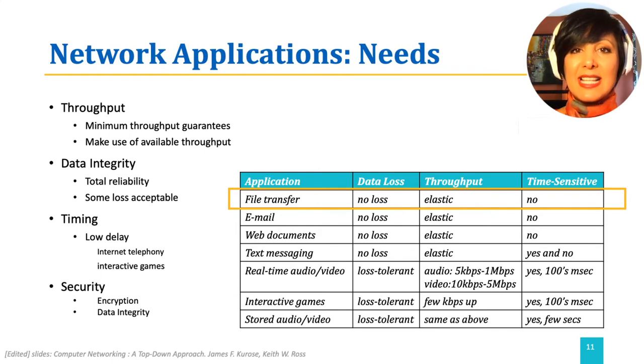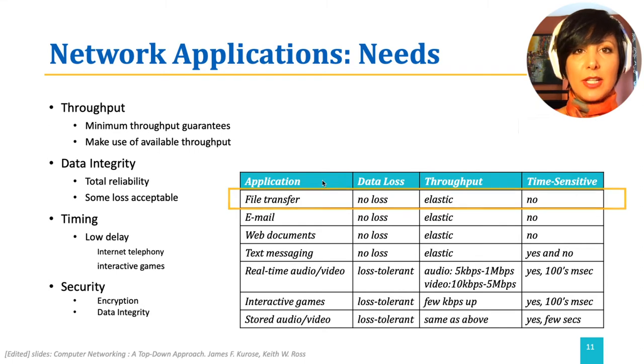Throughput is elastic for file transfer, since as long as you receive the file within an acceptable wait time, you might not worry about the rate of transfer and you can consume the file after full download. For the same reason, file transfer is not considered time sensitive.